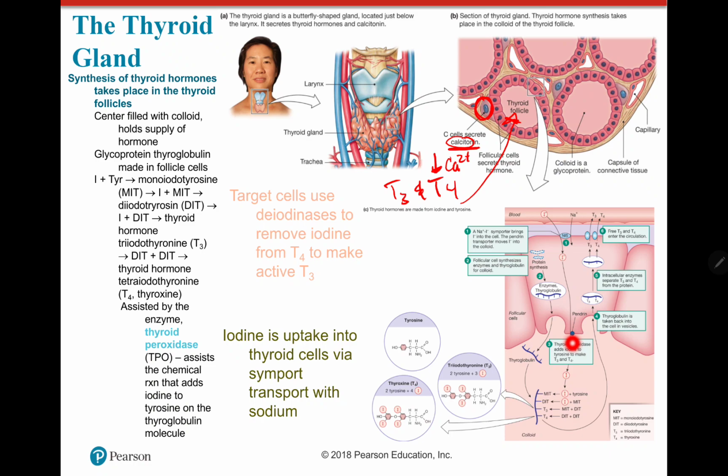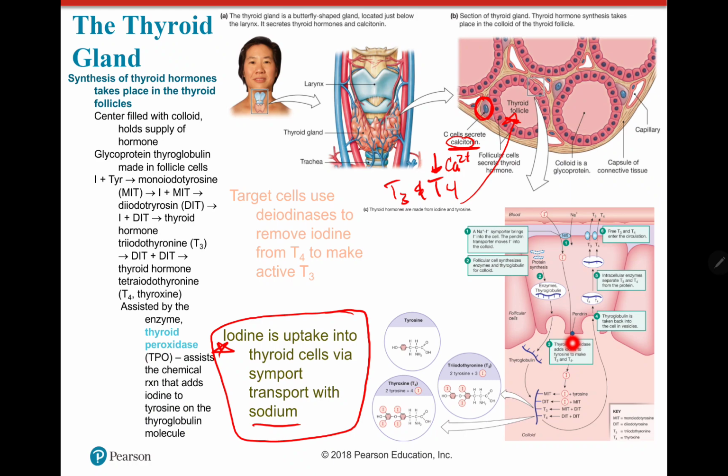And iodine is going to be uptaken to this thyroid cell via symport along with sodium, okay? So remember that iodine will be uptaken in the cell along with sodium via that symport transporter.